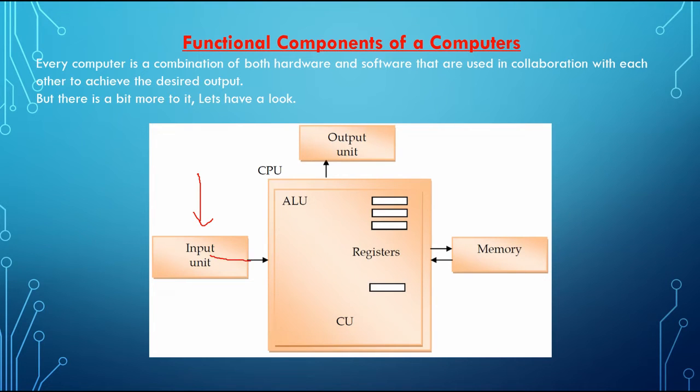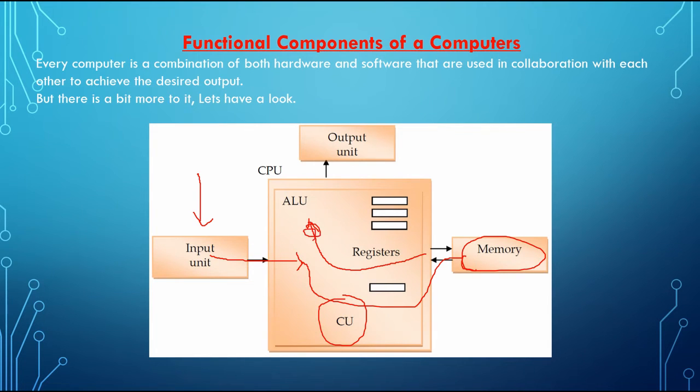The input unit would pass that on to the CPU. The CPU would then temporarily store it in the memory that is here. Then the data and the instruction that would be fetched would move to the ALU. This process, the fetching of the data, would be controlled by the CU, that is the control unit.